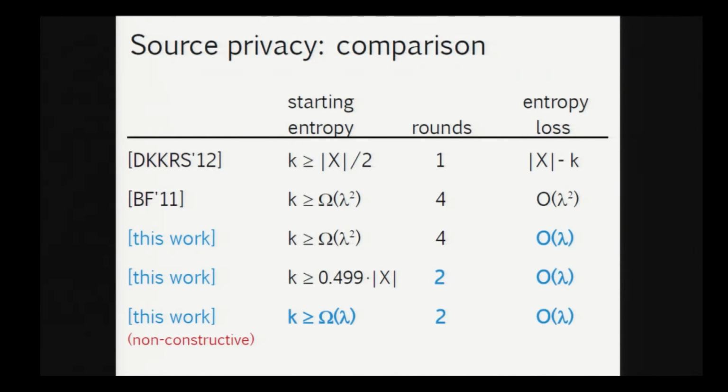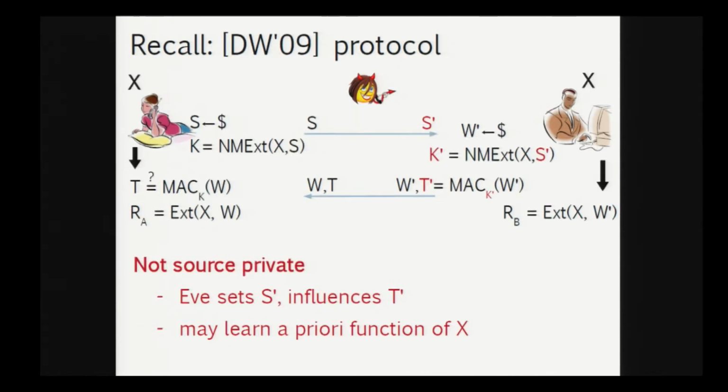So we also use 4 rounds there, but we get optimal entropy loss linear in the security parameter. And then again, using any non-malleable extractor, we can get a 2-round protocol with optimal entropy loss. In particular, this non-constructively shows that there is a source private protocol from any starting entropy with optimal entropy loss.